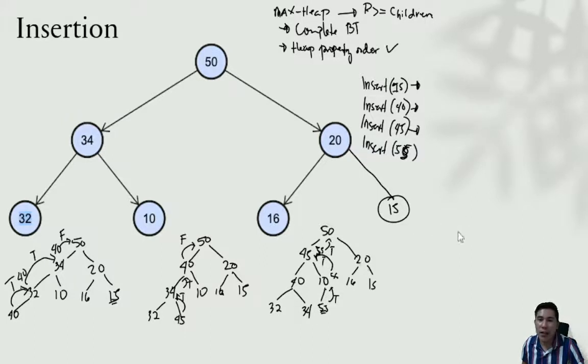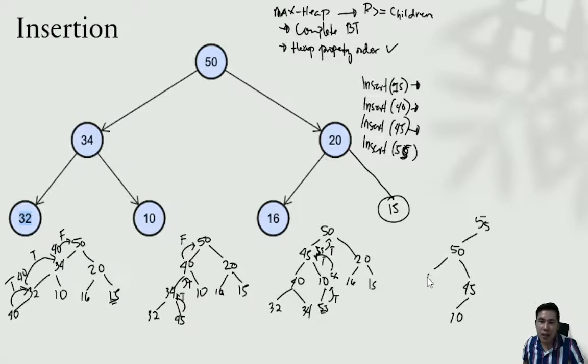So right here, this is now our final tree after inserting 55. You have here 55 now as your root node, since 50 and 55 were swapped. And then after swapping, you have here 45, and then 10 and 55 earlier because of the swap. Okay.